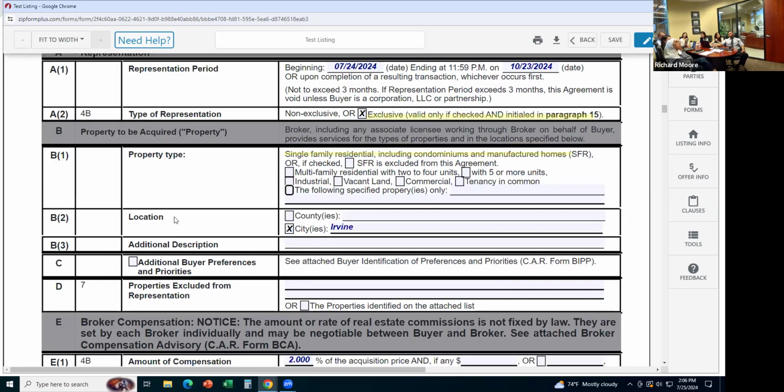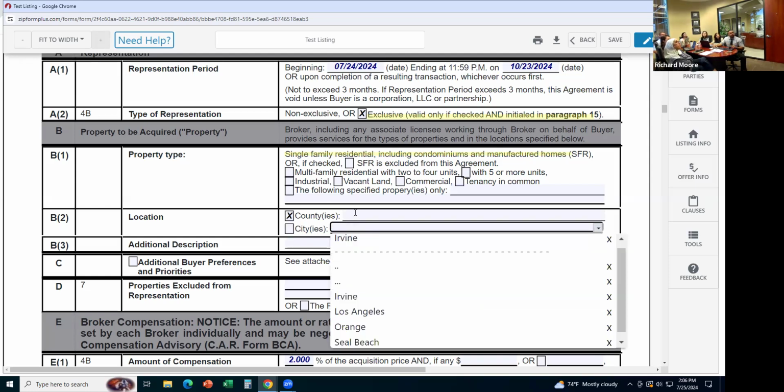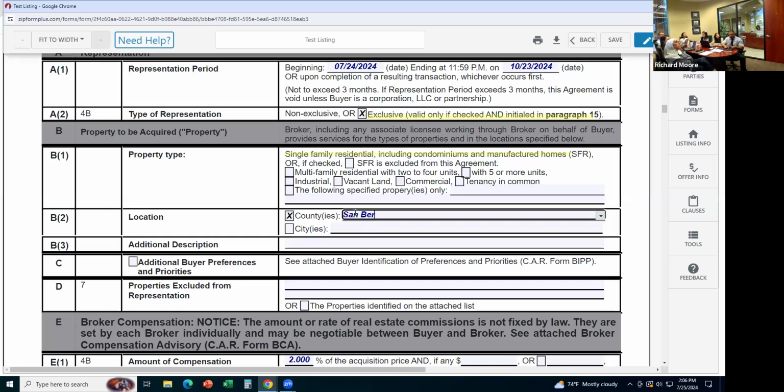The next section, B2 location, you can enter a county. If you're working with a buyer that's looking in San Bernardino County, Riverside County and other counties, you can check county. In your situation, you would type in San Bernardino. You have to put in a location. You can say Southern California.